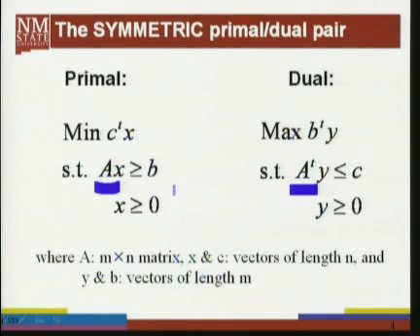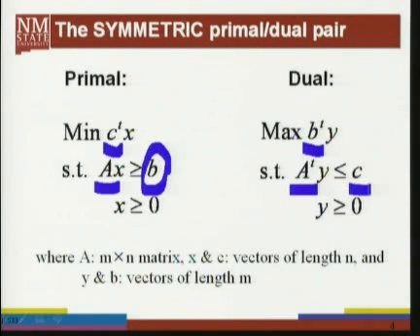And for every variable in the primal problem, there is a corresponding inequality constraint in the dual problem. And for every inequality constraint, there is a corresponding dual variable. Okay? And the right-hand side vector of the primal problem, which is b, serves as the objective function coefficient vector of the dual problem. And the objective coefficient of the primal problem serves as the right-hand side of the dual problem. Okay?